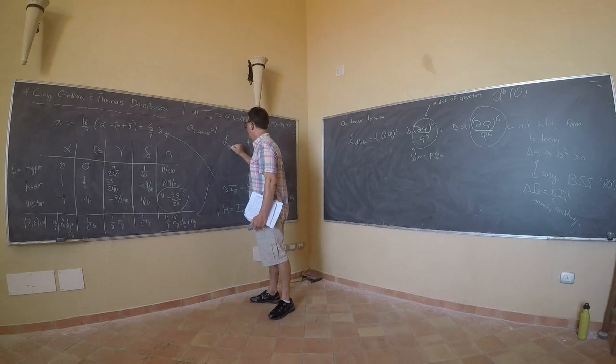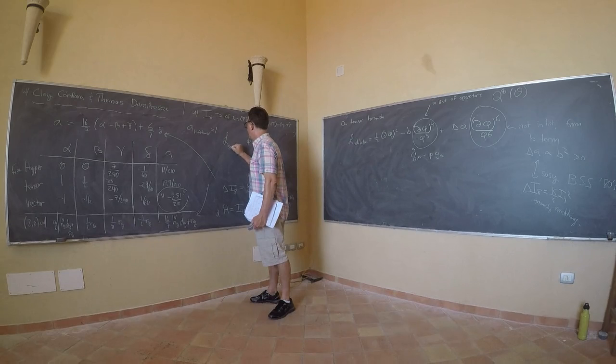we would say that A would be minus 251 over 210 times the number of vector multiplets, plus 11 over 210 times a large negative thing.